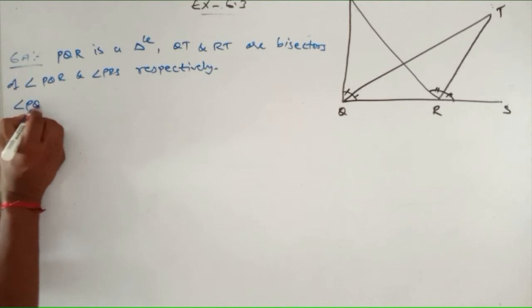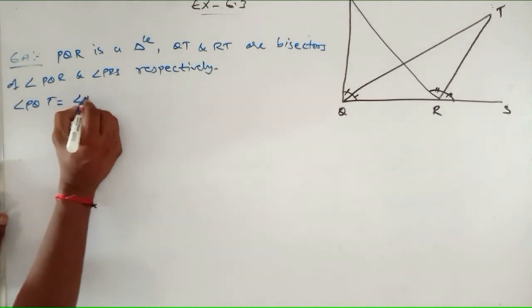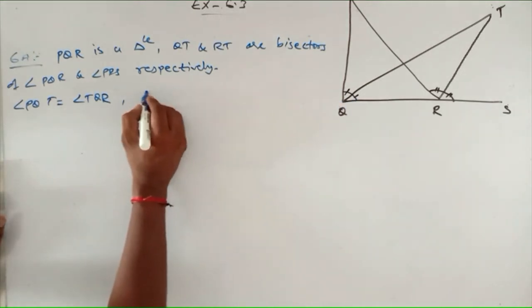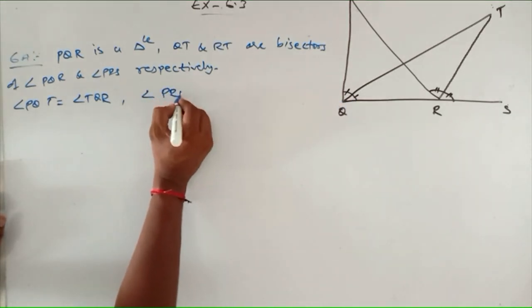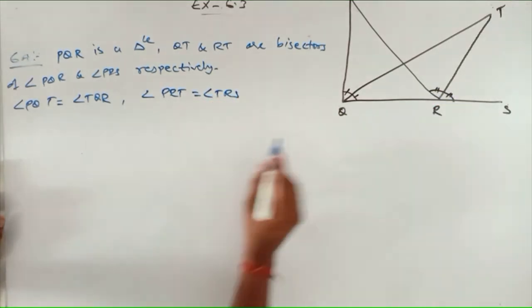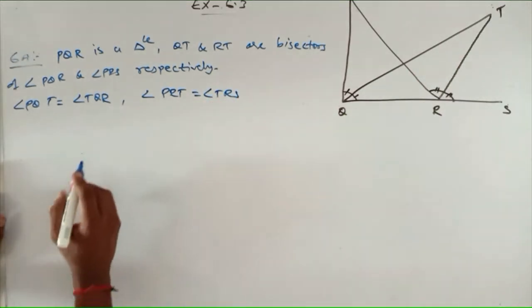Now angle PQT is equal to half of angle PQR, and in the same way angle PRT is equal to half of angle PRS. These two angles will be equal because they are bisectors.